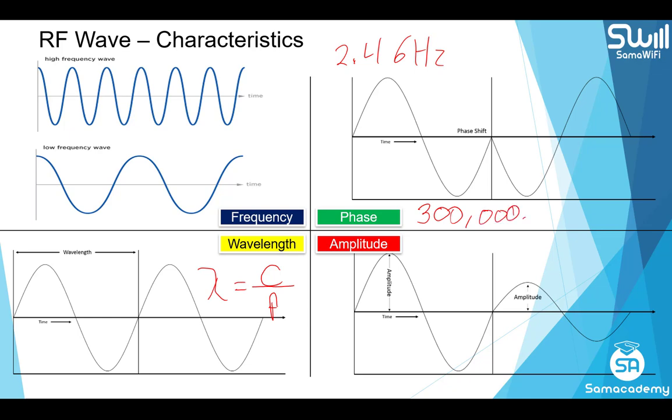If we substitute those values, we have the speed of light, which is the following, in meters per second. And the frequency is the following, times per second.